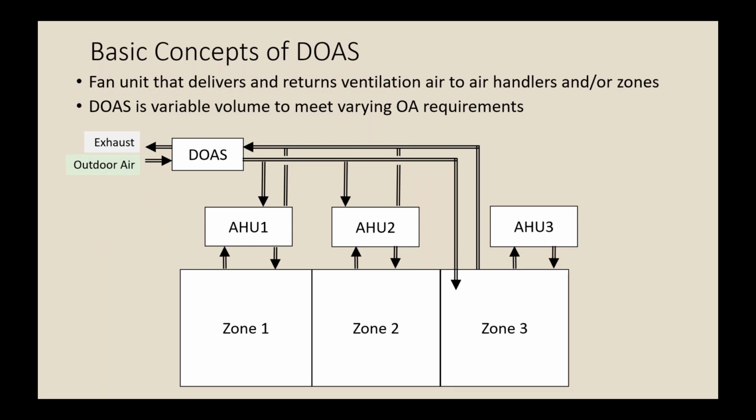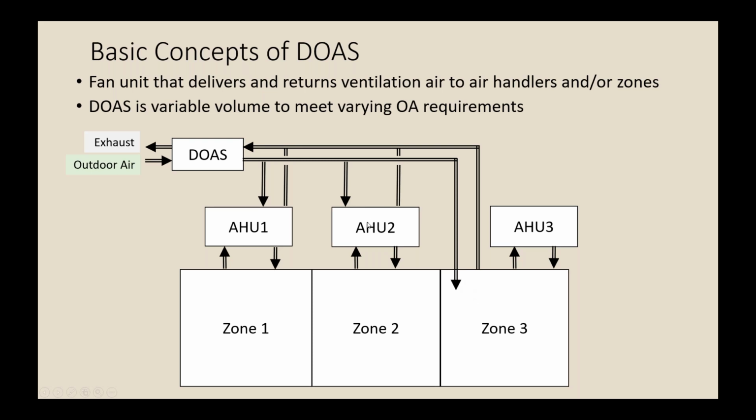So basic concepts of dedicated outside air system involves a separate air handler, shown here as the DOAS, that both delivers and returns outside air from either individual air handlers, as shown in air handler 1 and air handler 2 here, or it can also deliver directly to the zone.